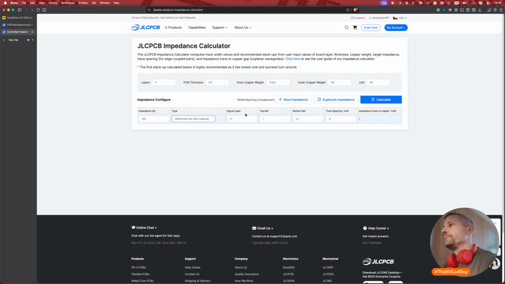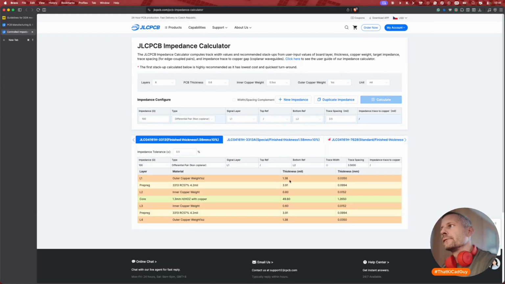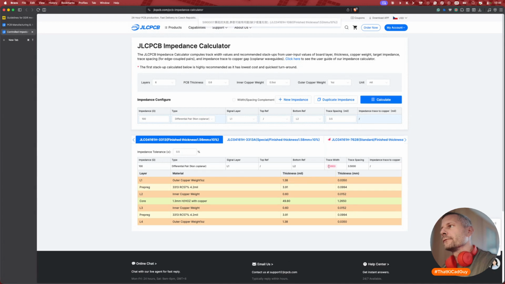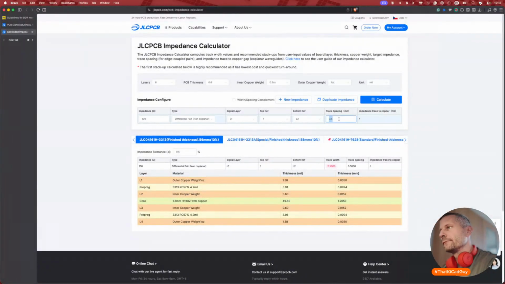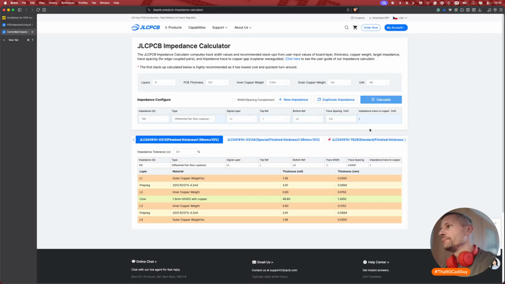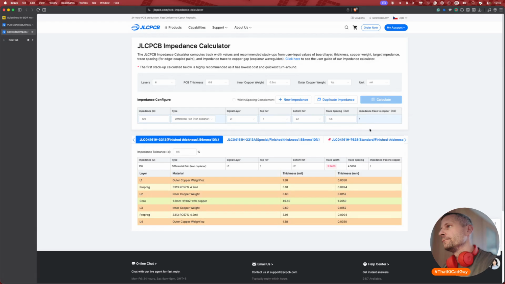3.5 mils. Let's try. Yeah, too narrow. Yeah, I remember. At the end we used 0.11, which is like this.